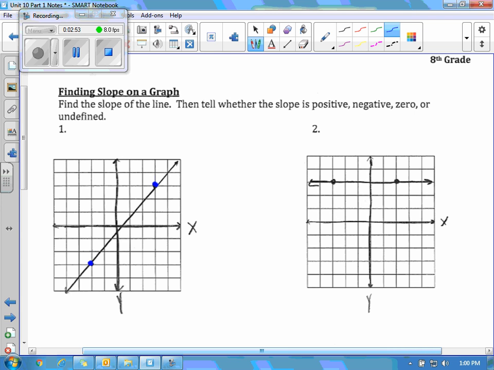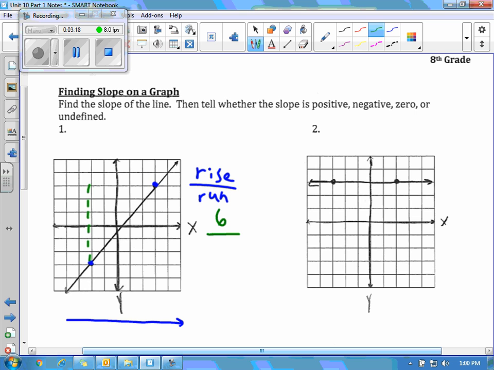So to find the slope, remember we're going to act like we're walking to the right. So I'm going to go from the left to the right. I want to do the rise over the run. So that's up and down and then left and right. So I'm going to go up first in this example. So I'm going to say that I go up 1, 2, 3, 4, 5, 6 spots. So my rise is going to be 6.